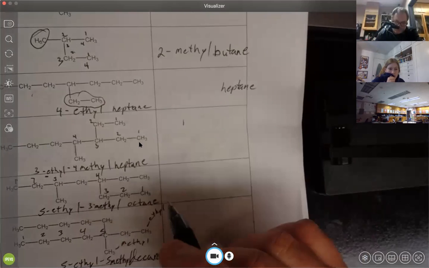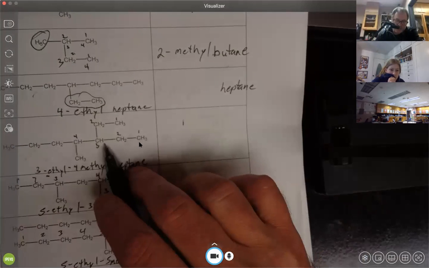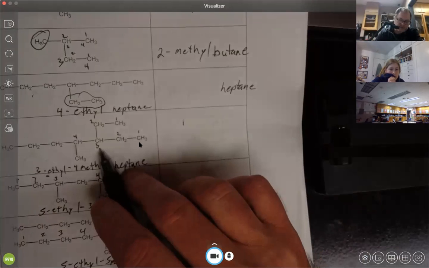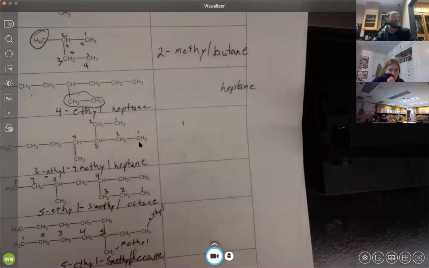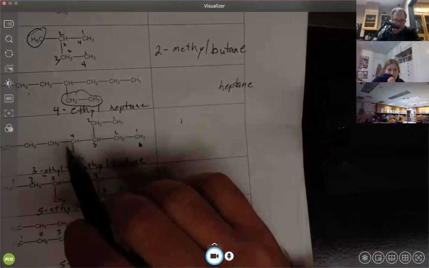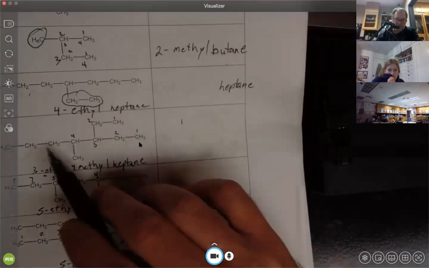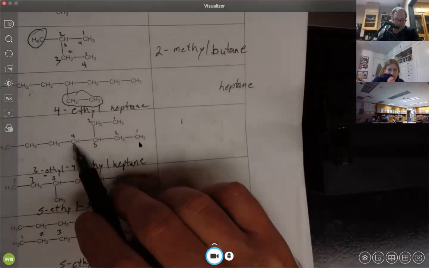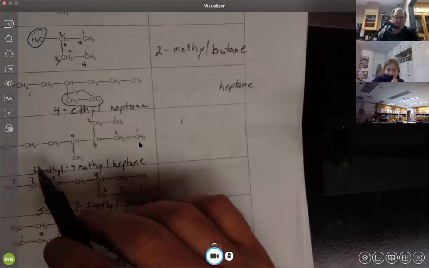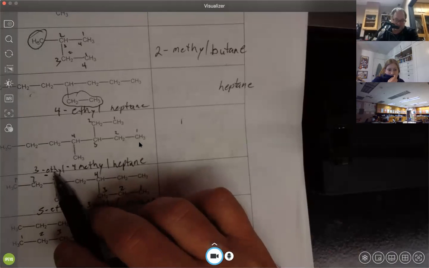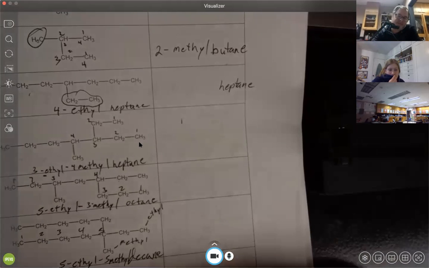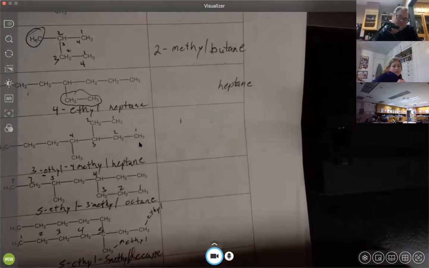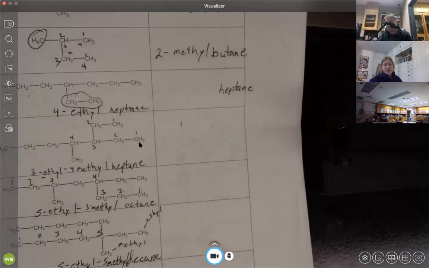If we number this way, 1, 2, 3, we have 3 being low. If we number this way, we have 1, 2, 3, 4. So if you went this way, this would be 5-ethyl, 4-methyl. And we can do it so that the 5 and 4 are lower numbers, 3-ethyl and 4-methyl. If we can use lower numbers, we do. Okay, all right. That makes sense. Thank you. You're welcome.